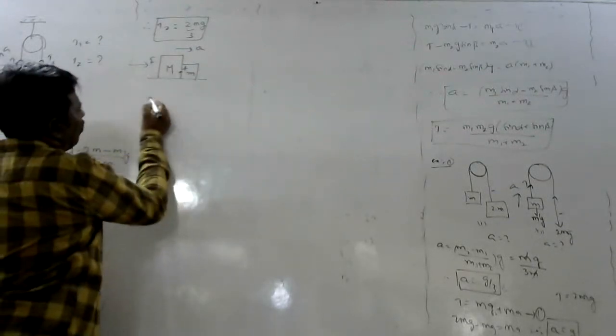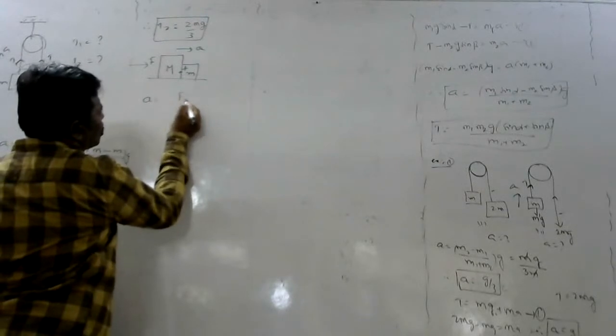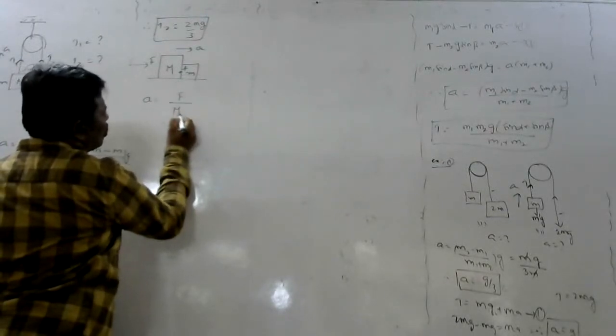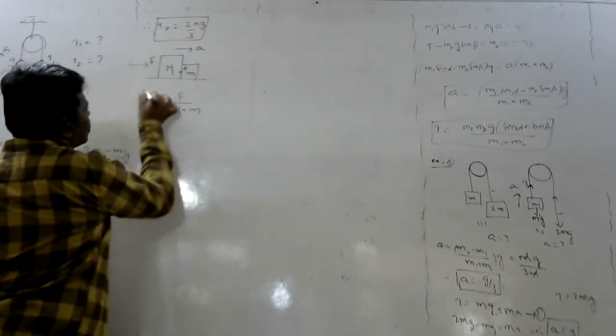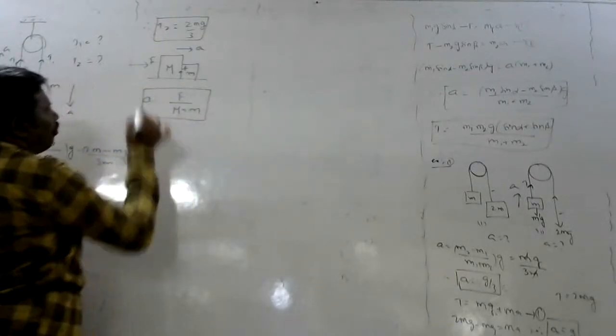From this diagram, acceleration A is equal to F by total mass. A is equal to F by (small m plus capital M).